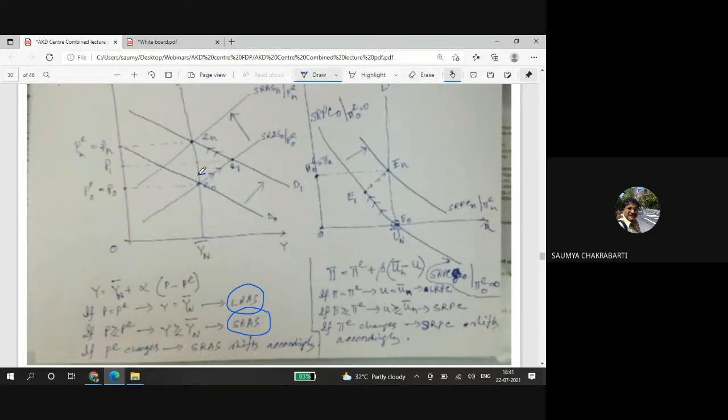E naught. At E naught, what do we have? We have P, we have aggregate demand. The aggregate demand curve is intersecting the short run aggregate supply curve as well as the long run aggregate supply curve. What does this mean?